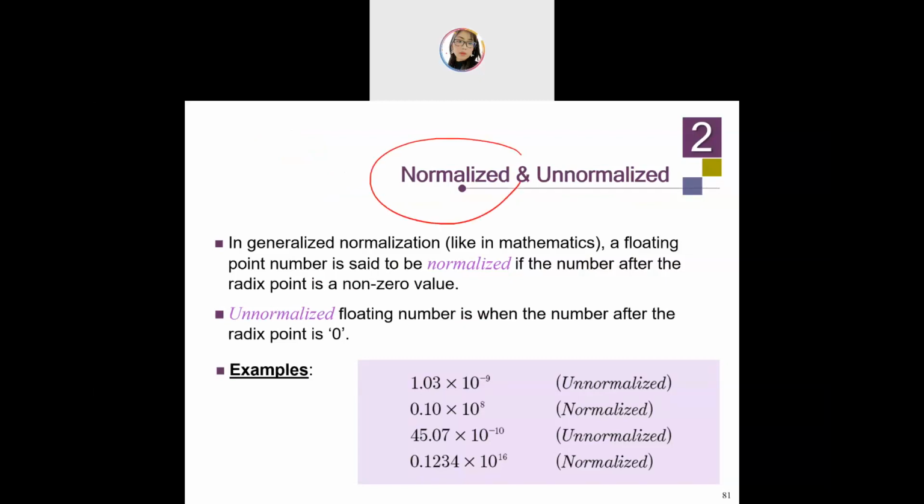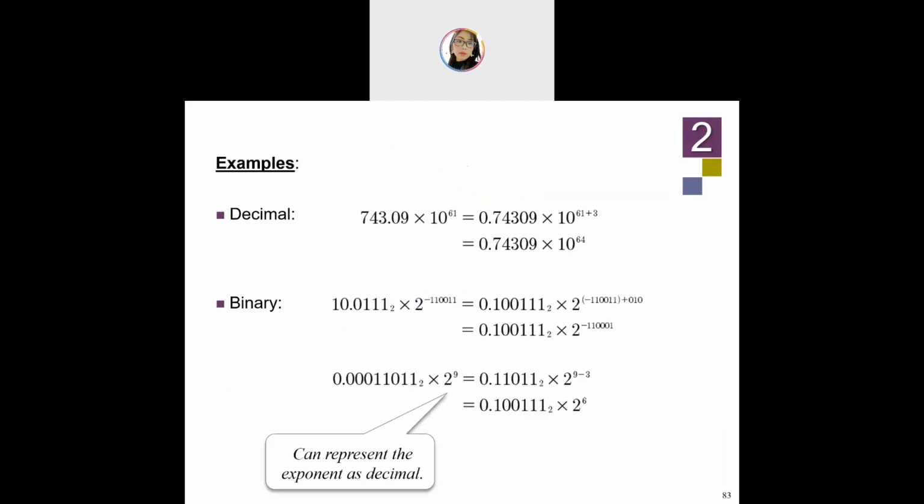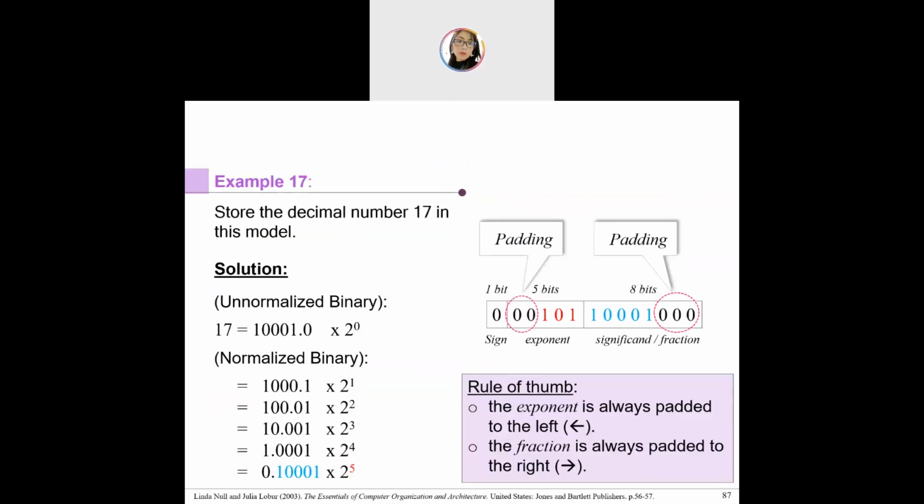As mentioned, normalized can be of 2 types. First is the normal standard, when the question just asks you to normalize, for example, store the decimal number 17 in this model.